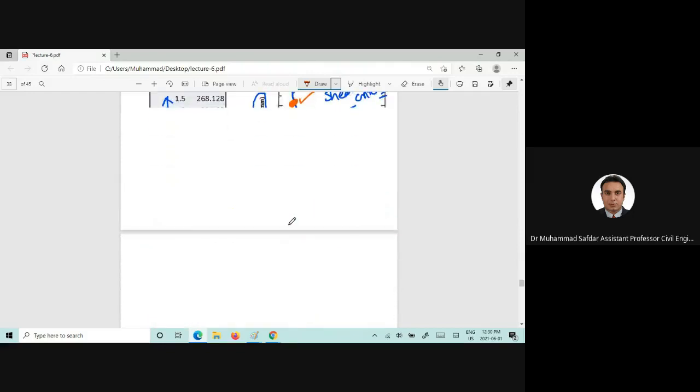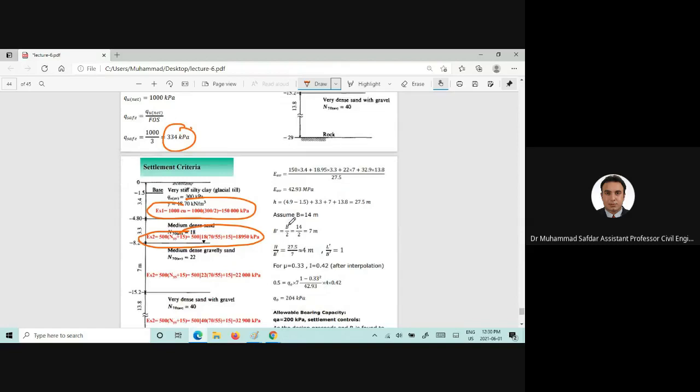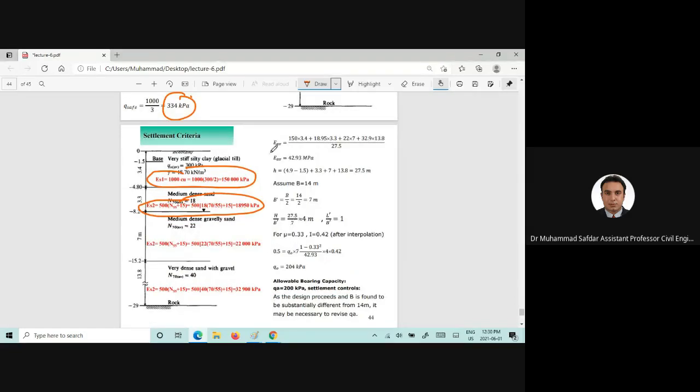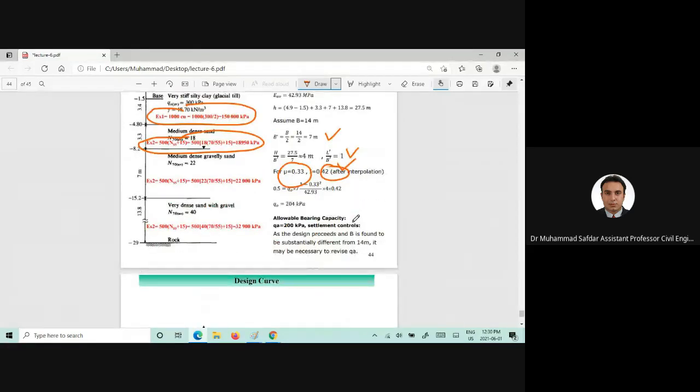Just find those E values, and once you find them you can take the weighted average. You can assume B prime, H prime, and B prime. You can use the mu value, and after interpolation, you can find the I value, and using this equation you can find the Q naught.